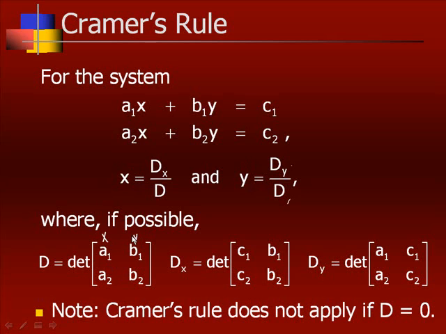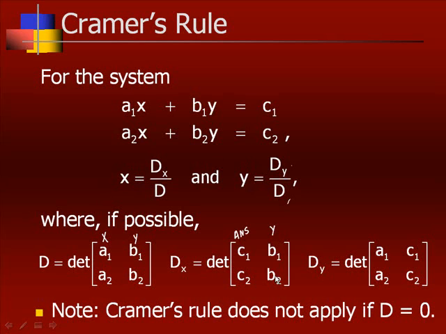Then we have the determinant with respect to x, which I'm just going to call dx. Notice you have the answers in the x column, and your y column stays b1, b2.